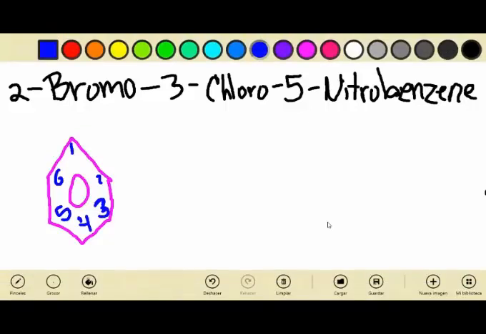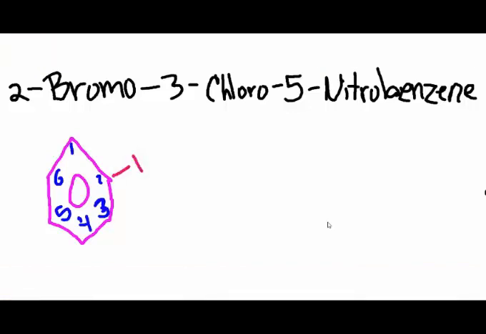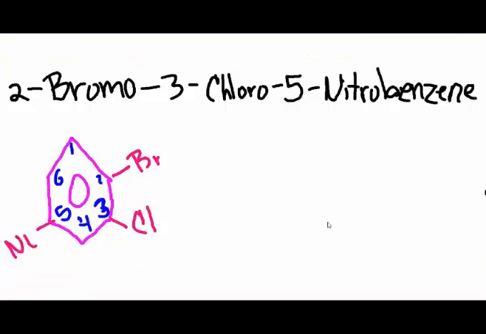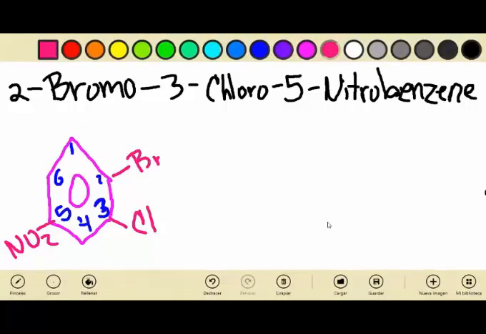And here now we have to place first bromo. So bromo, the formula says, is in number 2. So in number 2, we are going to write Br. Chloro is located in number 3. So here it's Cl. And in number 5, it is going to be methyl. And this is the way our structural formula will be.